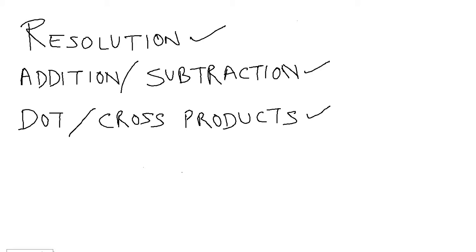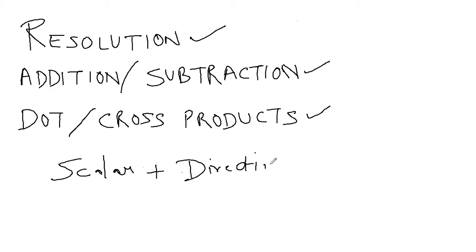A vector has two components, scalar and directional. The scalar part is the magnitude of the vector, while direction is specified with some coordinate system.